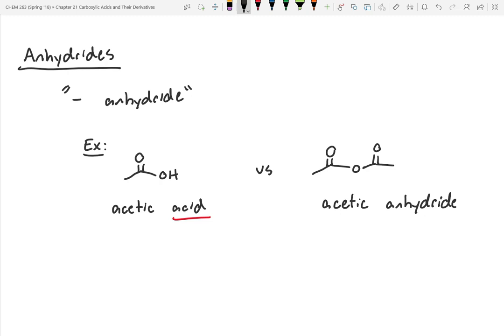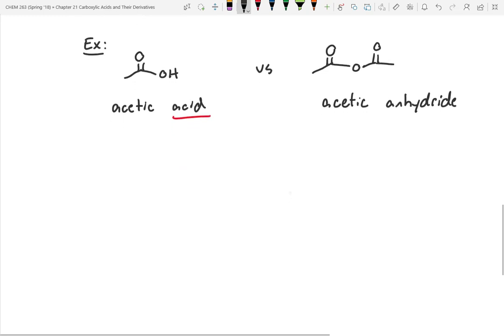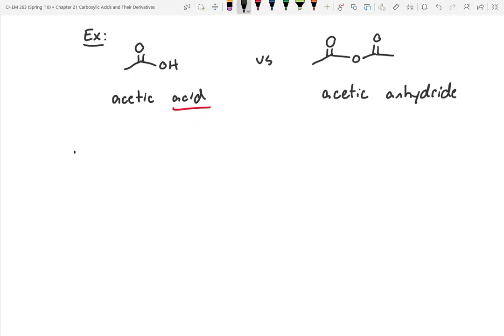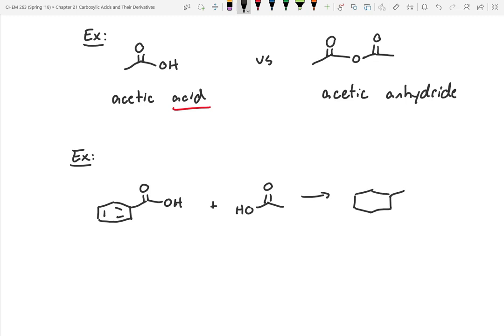It is trickier though if you have non-symmetric ones, so I'll show you the simple trick for determining how to do that. These aren't as common, they're logistically harder to make. But essentially you can do this by imagining what two pieces it takes to make them. So if we mush these two pieces together, we'll get an anhydride with an oxygen in between both of them.